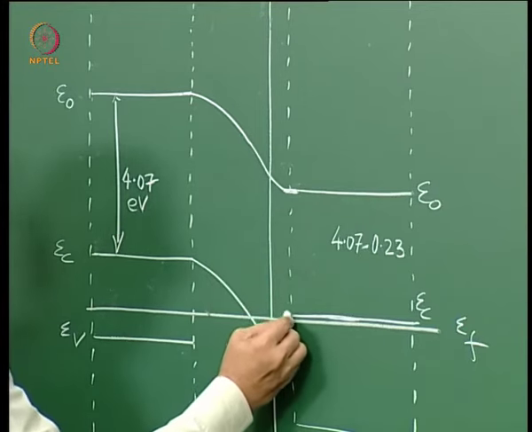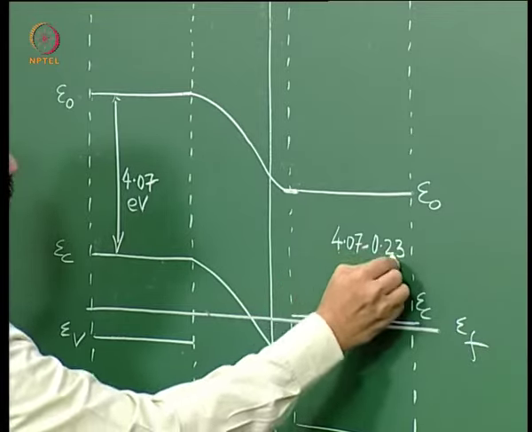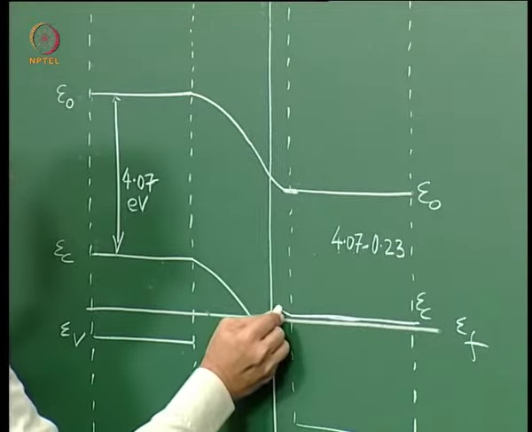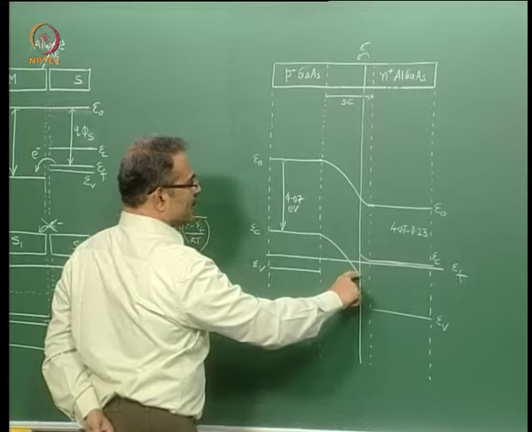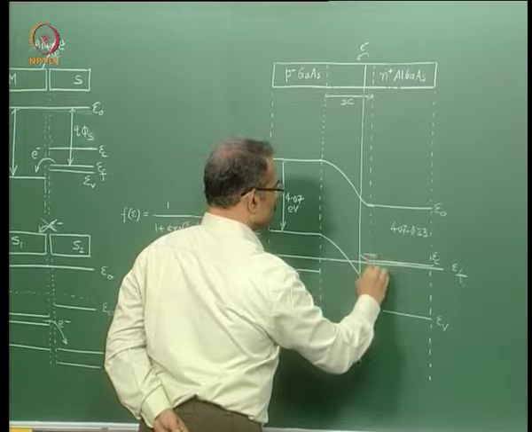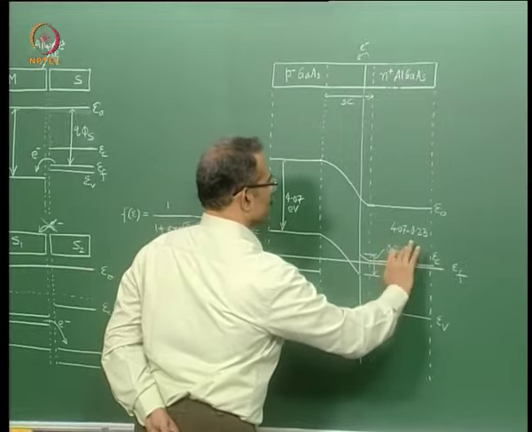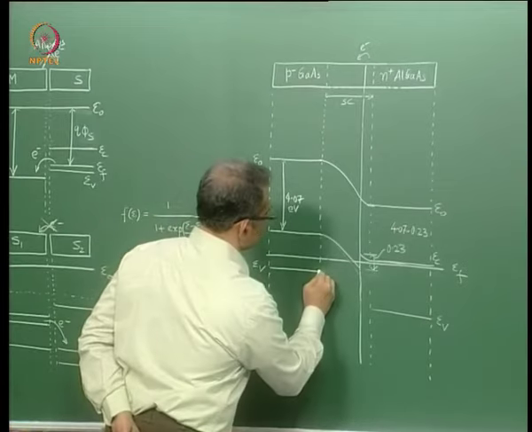And similarly I draw a line here parallel to this at a distance 4.07 minus 0.23 on the aluminum gallium arsenide side, something like this. So you see you have a discontinuity here, and this discontinuity is equal to 0.23 electron volts. So all quantities here are in electron volts.